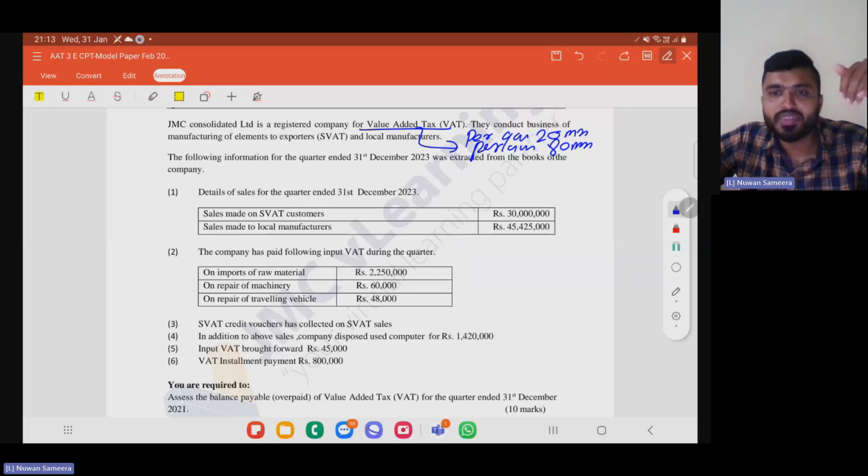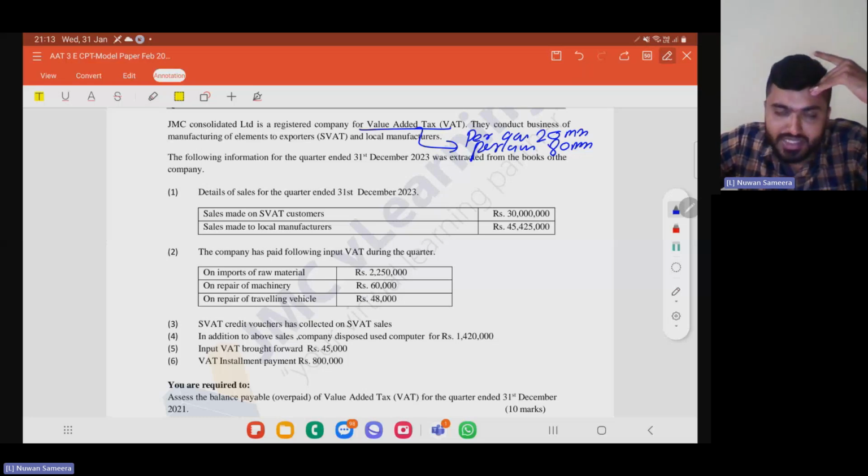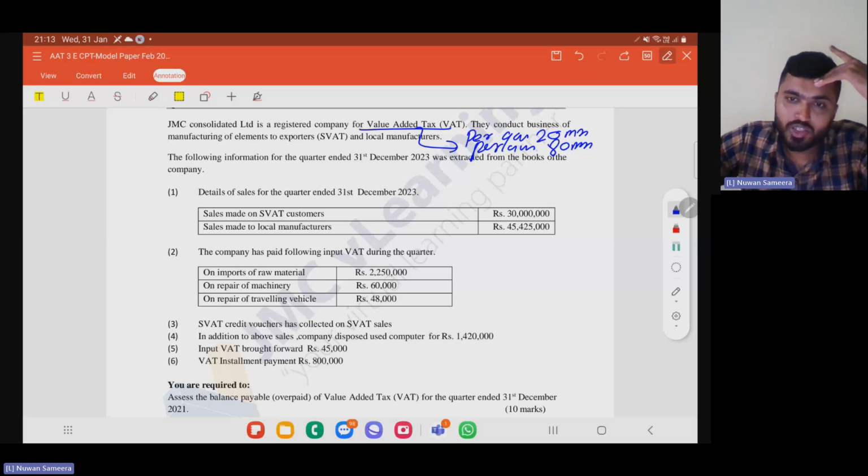The other persons, who are not monthly, need to submit the quarterly VAT return on or before the end of the month following the quarter. But for the tax payment, every person needs to pay monthly, on or before the 20th of the following month.